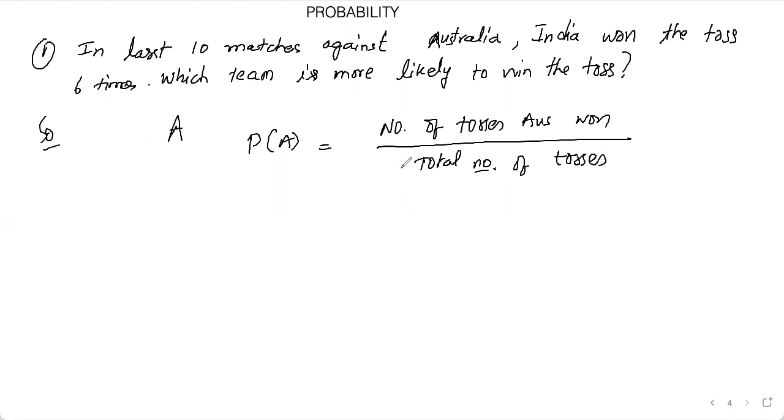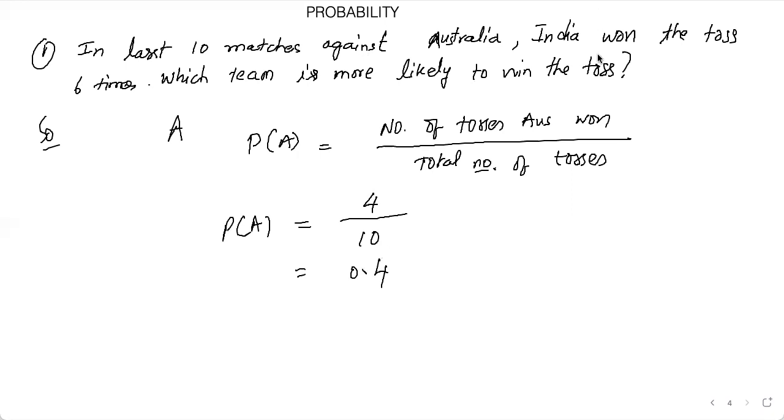So the number of tosses Australia won is 4, and the total number of tosses is 10, which will be 0.4.